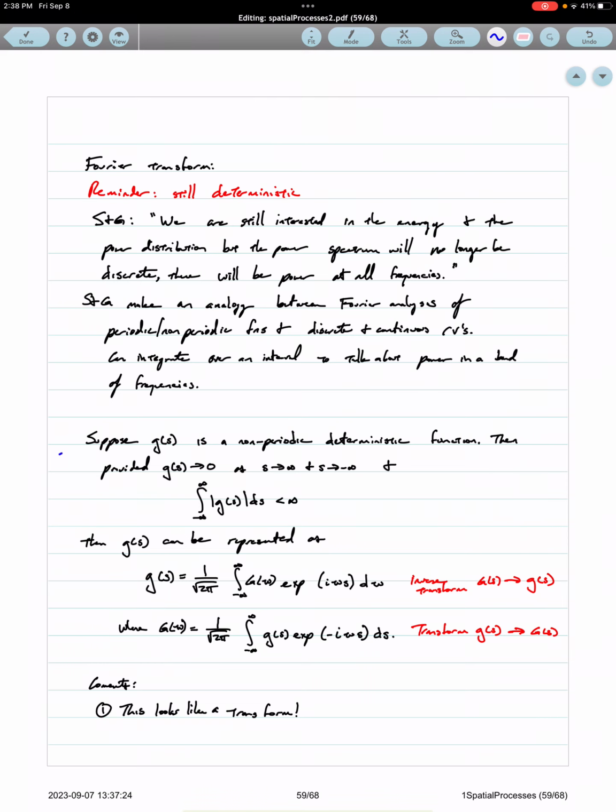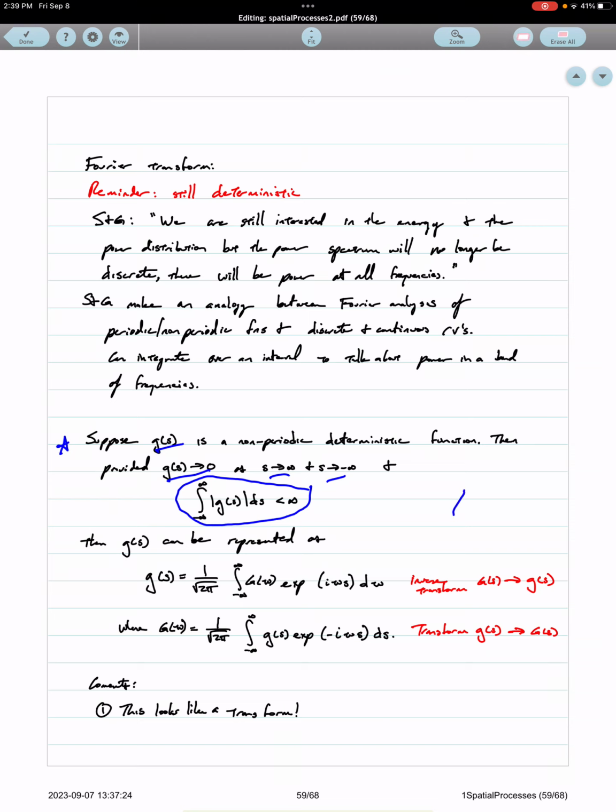So we begin by saying, suppose we start with a non-periodic deterministic function, and to do a Fourier transform, we need the function to be integrable. Schabenberger and Gotway say to imagine that the function goes to 0 as s goes to infinity or negative infinity, and furthermore that the integral of the absolute value of the function is finite, so the function is integrable.